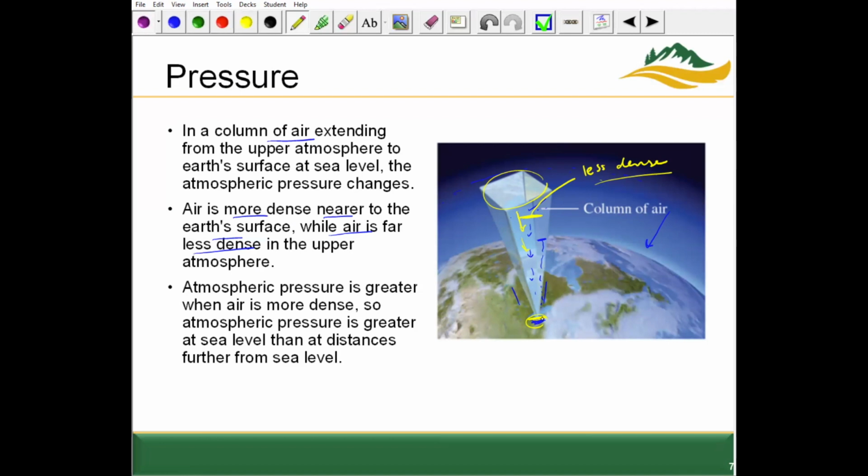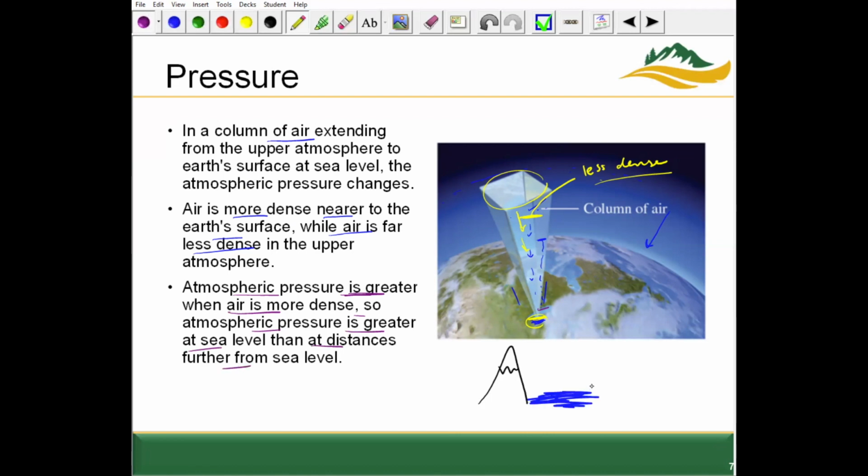So even considering if we're on the planet's surface itself, we know that air density can change based on the weather. Atmospheric pressure is greater when the air is more dense. So atmospheric pressure is greater at sea level than at distances further from sea level.